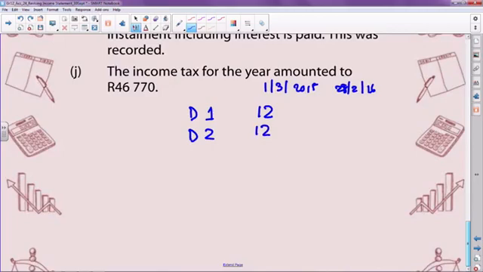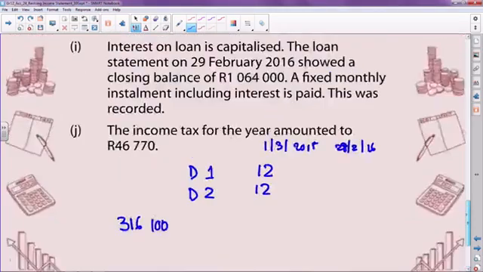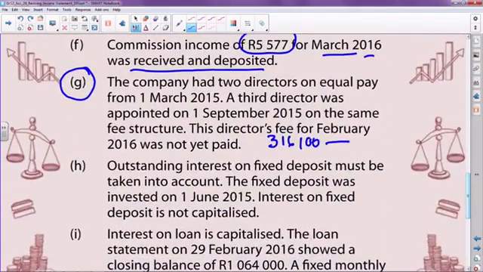Remember, the figure that we're working with is 316,100. Remember, we wrote it down from our trial balance. Now, a third director was appointed on the 1st of September 2015, on the same fee structure, that means identical to the other two directors. But watch the operative word, this director's fee for February 2016 was not yet paid.